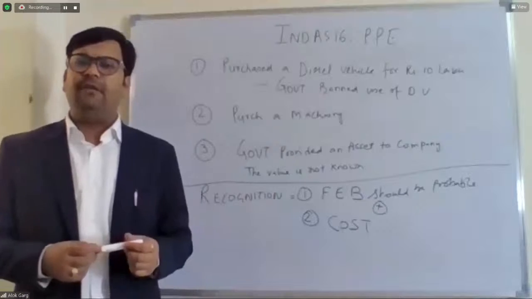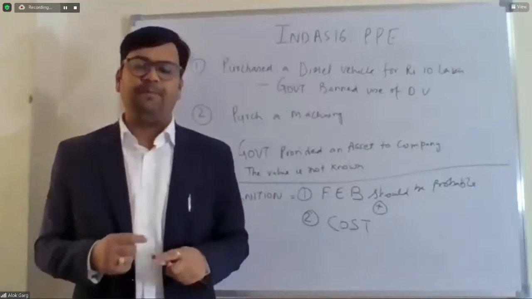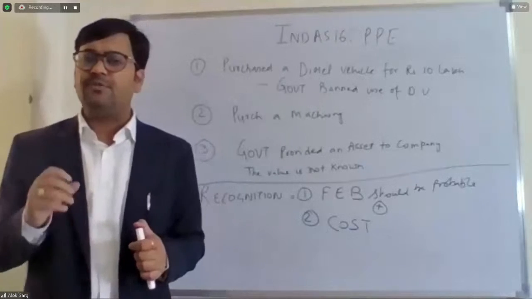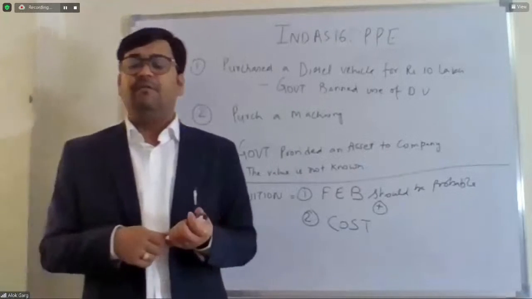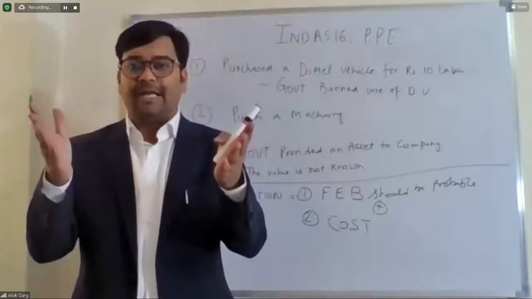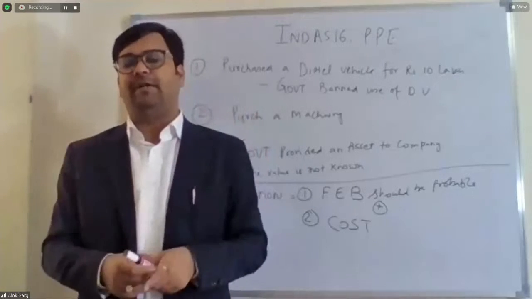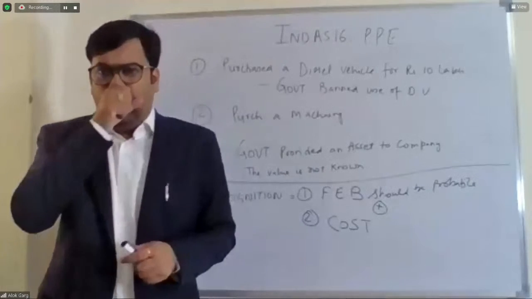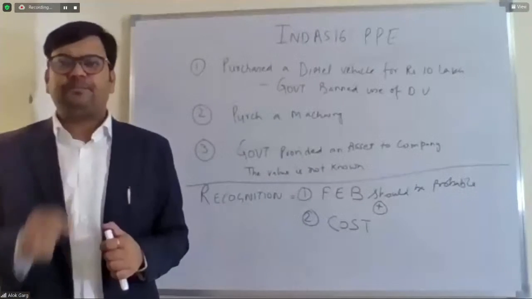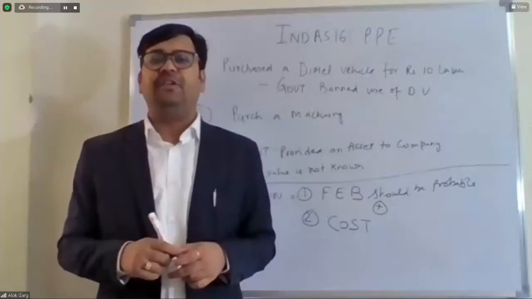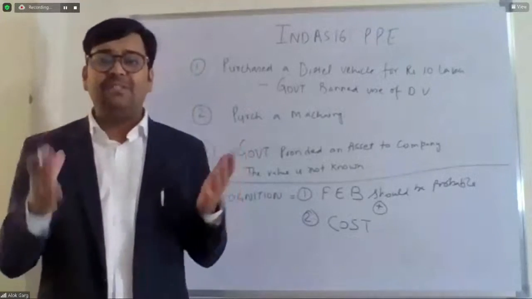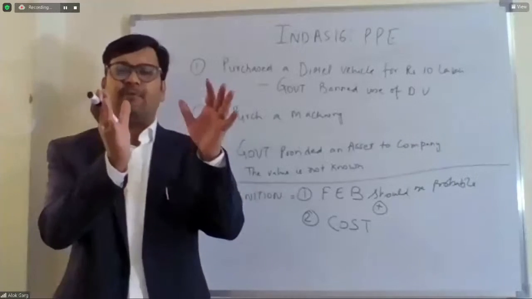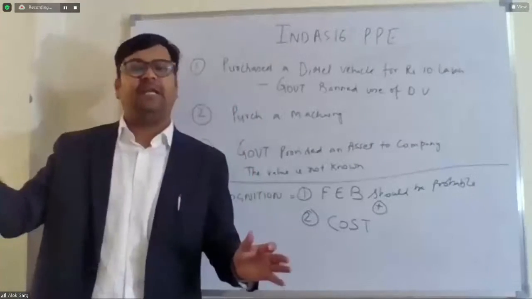Sir, if we will not recognize a particular item as a PPE, for example, we have acquired a machinery. The company has acquired a machinery from Japan, and that machinery is used for producing a specific type of product which can be exported to China.